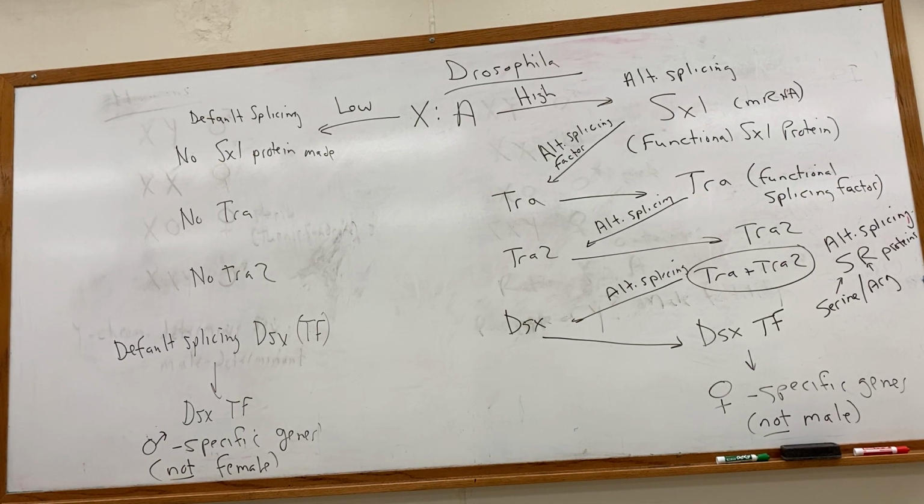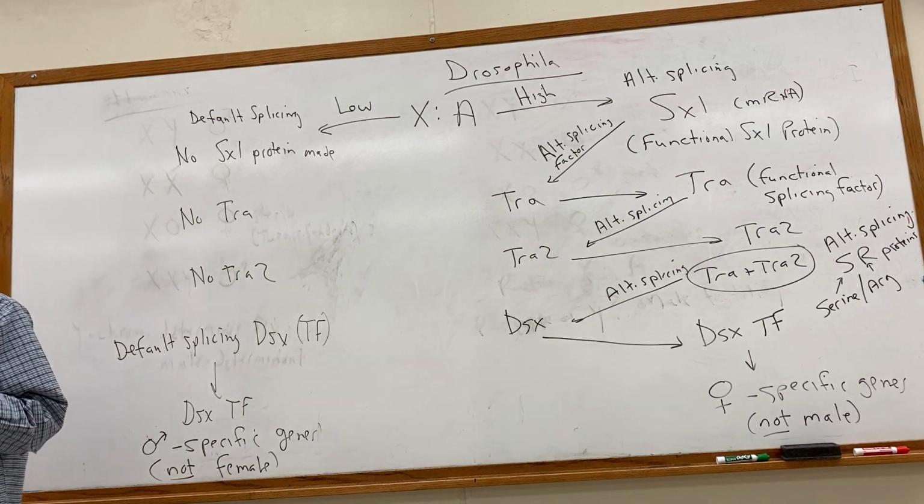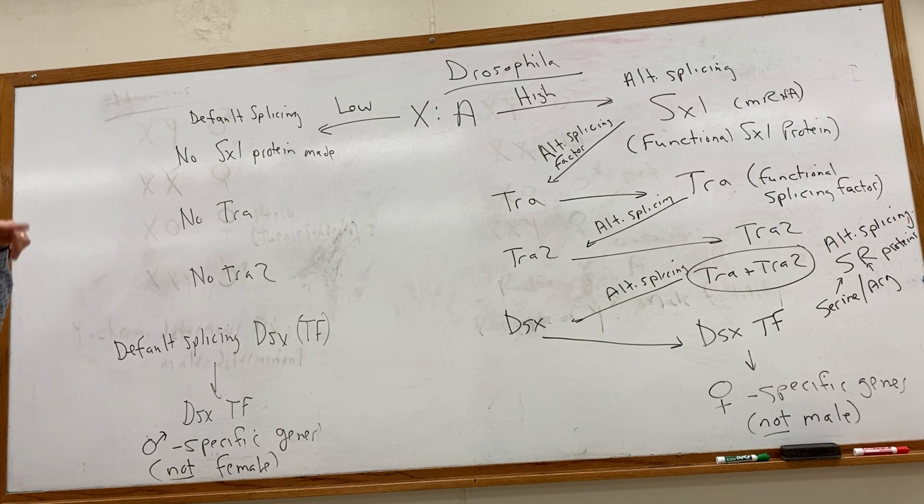Okay, any questions about that? Okay, all right, so this is one example of sex determination, and again, it's interesting to compare how the determination is made here versus what we saw with humans in terms of the sex chromosomes involved.